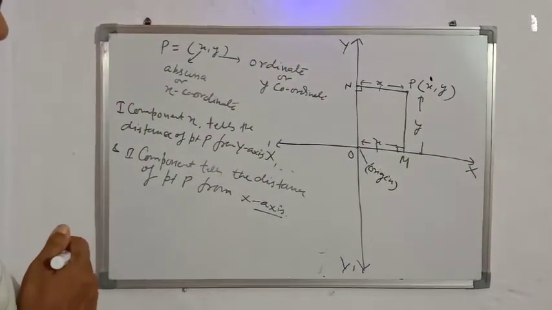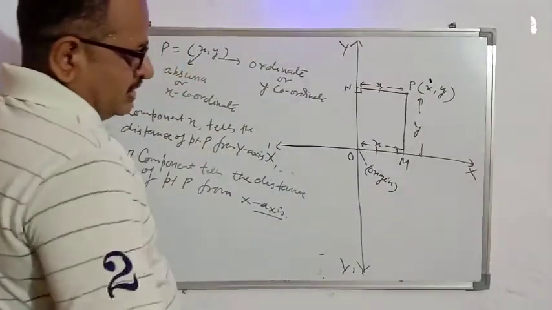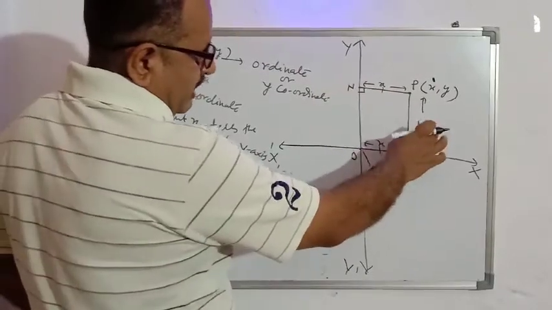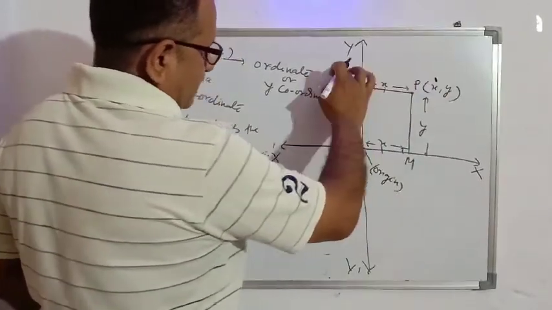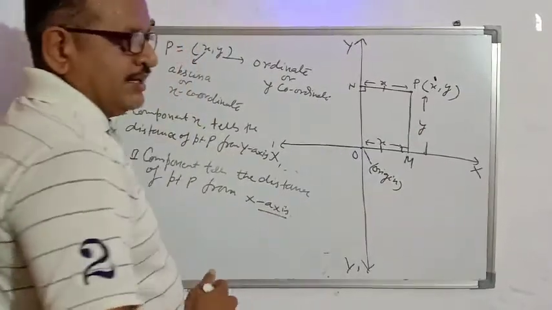Now we will see that x-axis and y-axis, these two axes divide the whole plane into four parts: first, second, third and fourth. These parts are called quadrants.